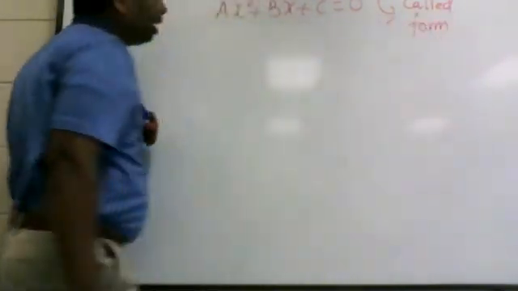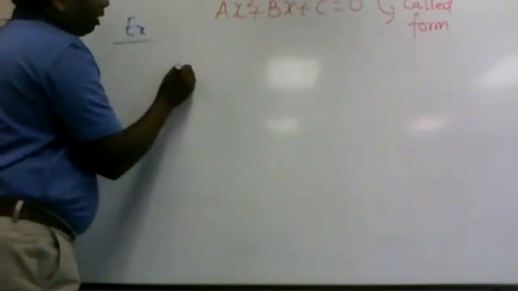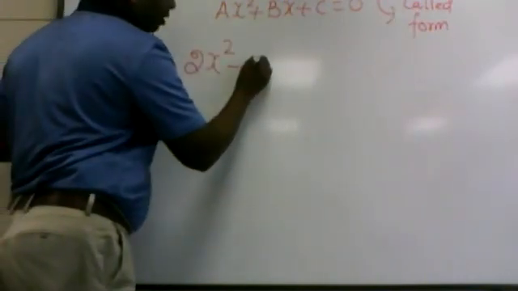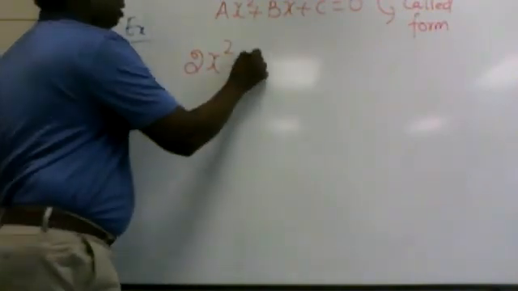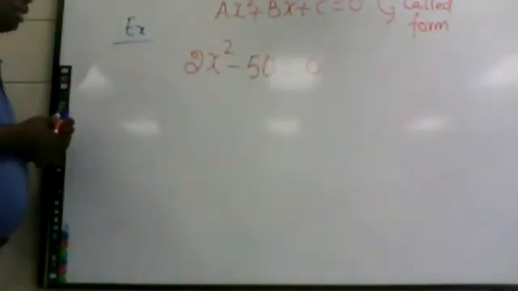You can understand that. Now, my third example is going to look like this: 2x squared minus 50. That's the example that I wanted to give you.